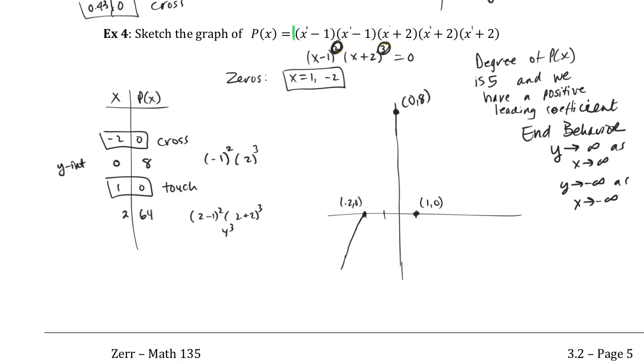We're going from 8, we go down and we touch, and then we're going to go way up because by the time we get to 2, we need to be at positive 64. And so there we've got a general shape, just in terms of when it's increasing, when it's decreasing, when the output's positive or negative.